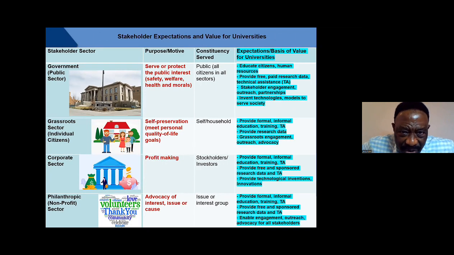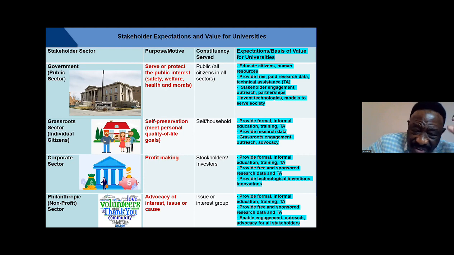This third slide very quickly. If you look at the third column, and I want you to pay attention to the third column, what are the expectations of universities? What expectations does society and the various stakeholders have of universities? And let me say this, based on these expectations, different sectors of society would either admire, work with, or respect universities.